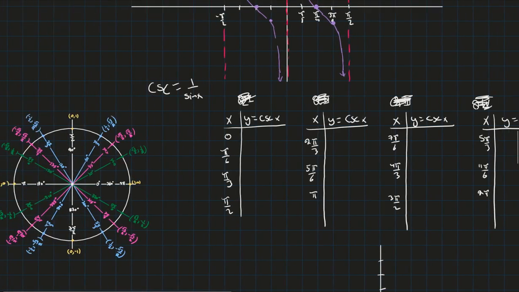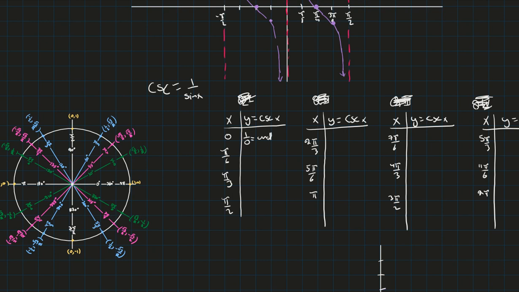Okay, here we go. Let's fill this in. Well, this is just saying 1 over 0, because it's 1 over sine of x, right? Sine is 0, so this is actually undefined. Oh, look at that. We are still dealing with some vertical asymptotes, huh? Okay.